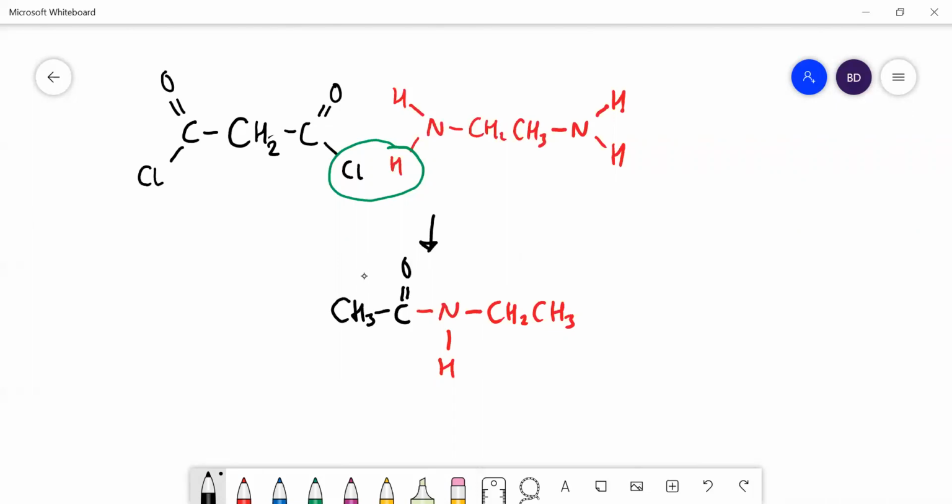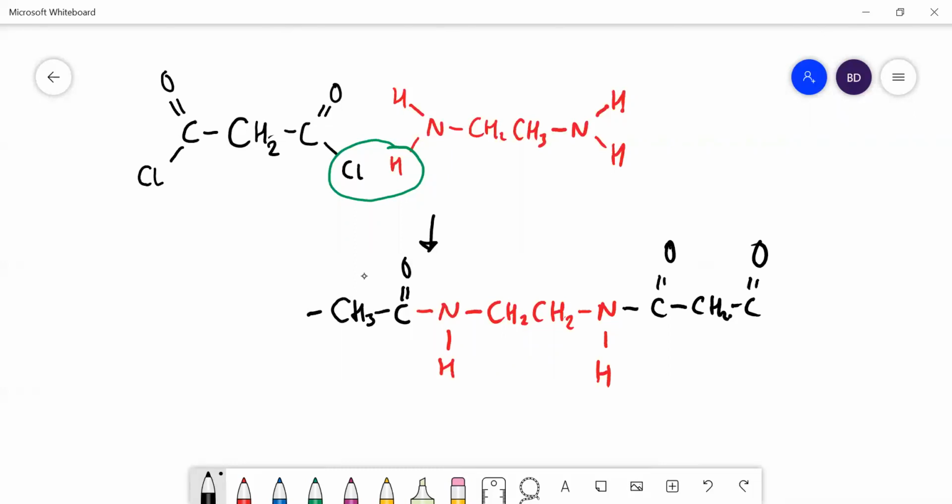Okay. So let's look at the monomer. What's that going to look like? So if you get rid of that, and this is going to carry on with another acyl chloride here, isn't it? And so on.